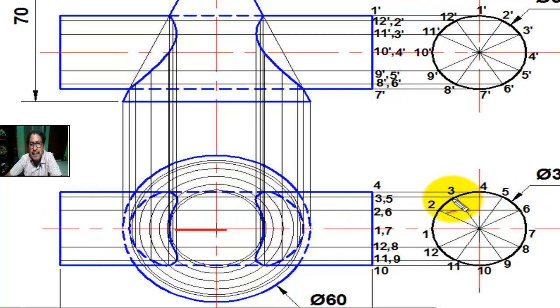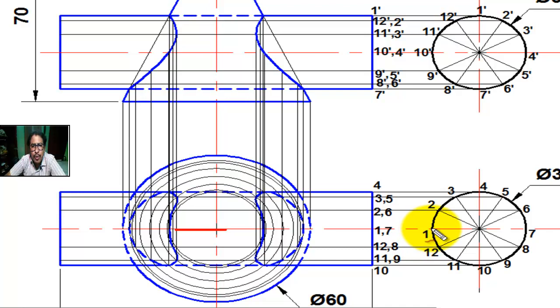From 5 and 3 we draw horizontal line. From 4 we draw horizontal line. From 8 and 12 we draw horizontal line. From 9 and 11 we draw horizontal line. From 10 we draw horizontal line.